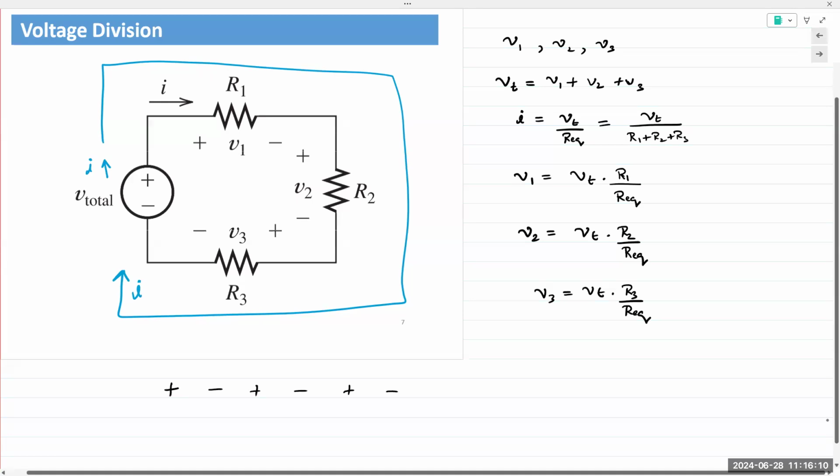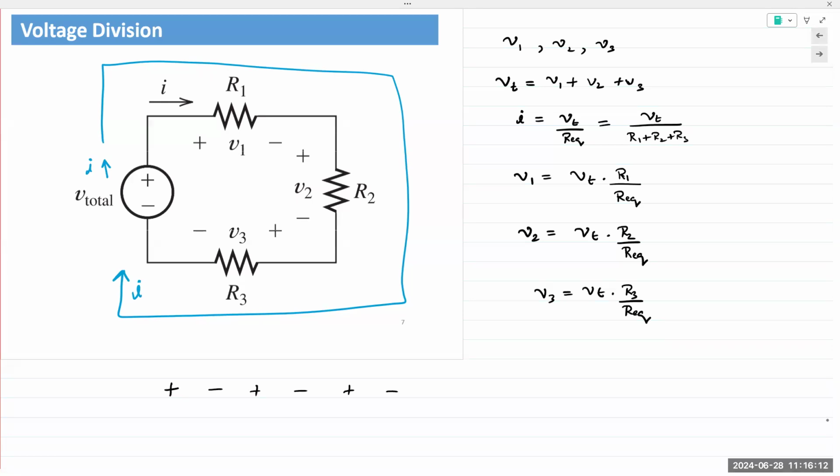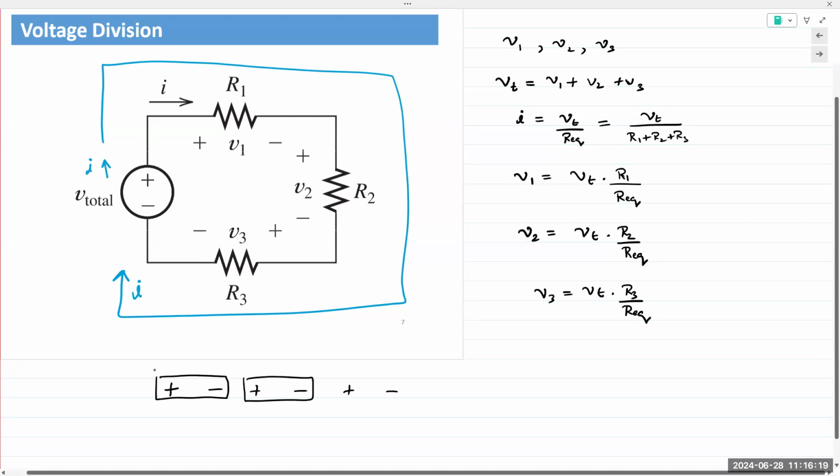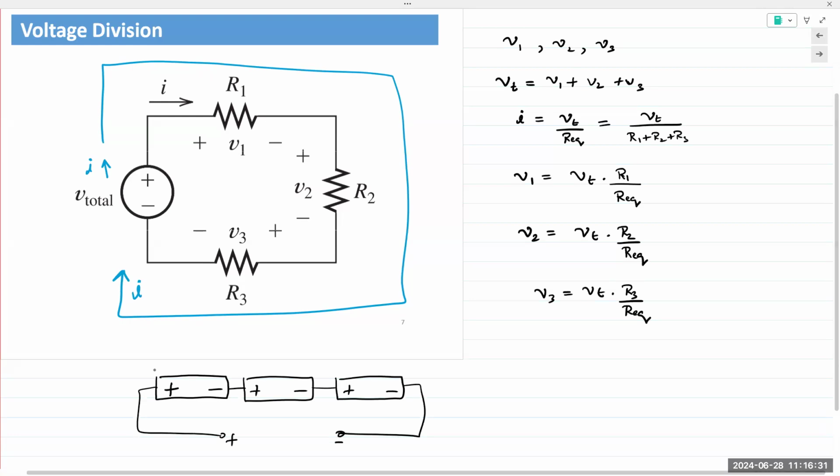If you apply a voltage that appears across three elements in series, it'll always break down like that. The flip side is if you connect multiple voltages in series, you can add them up.